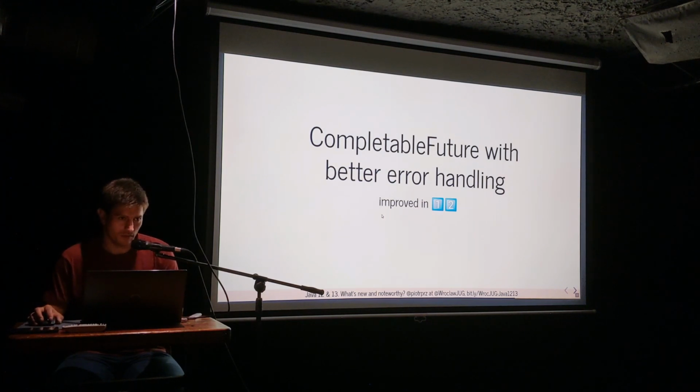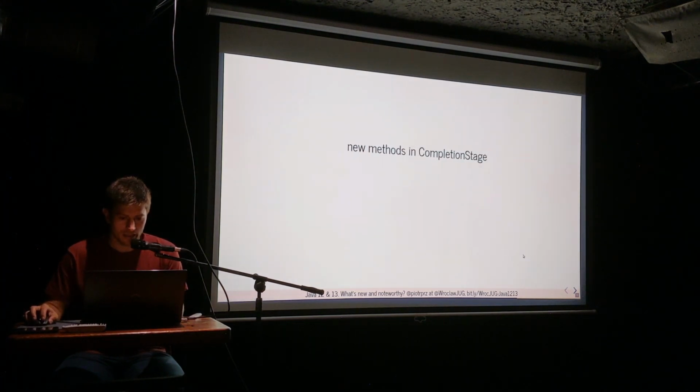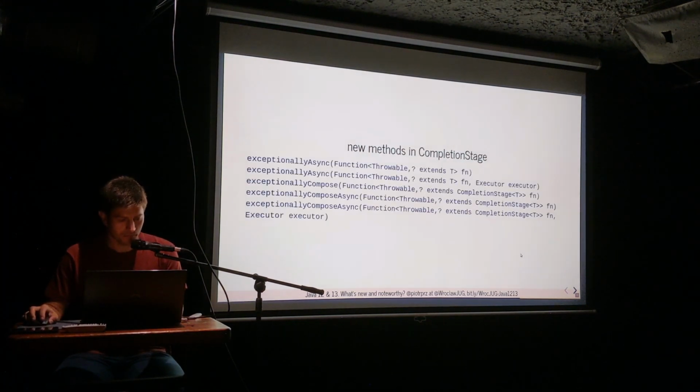I think it's quite old, but they've been adding more methods to CompletableFuture, and now we have exception handling methods in CompletionStage, because CompletableFuture implements CompletionStage, and these are the new methods.